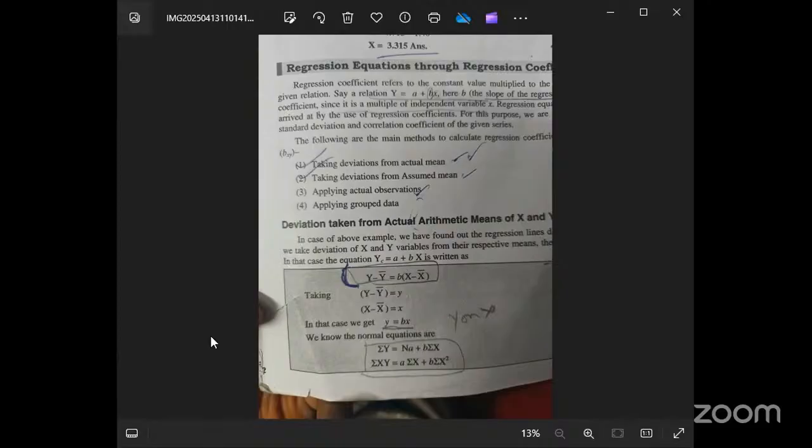And coming to problems, we will do. So first one we will do with the method of actual mean, how the problems are done.